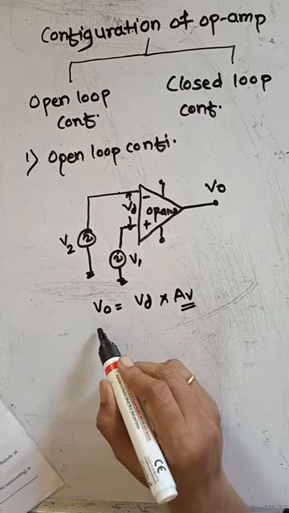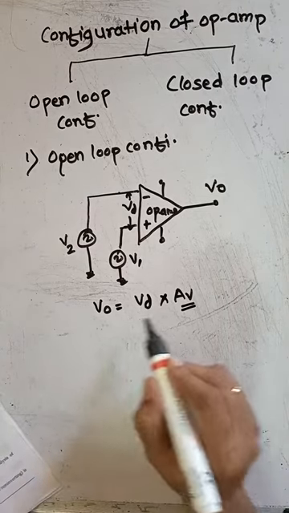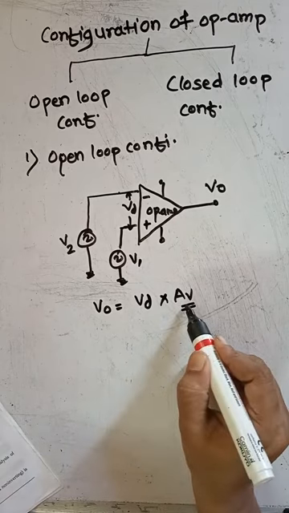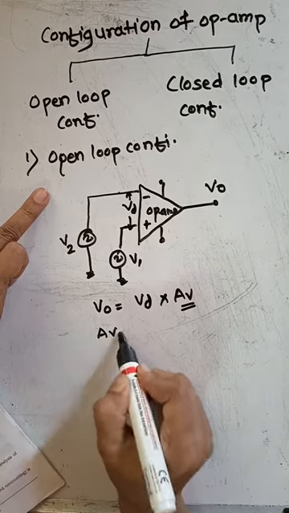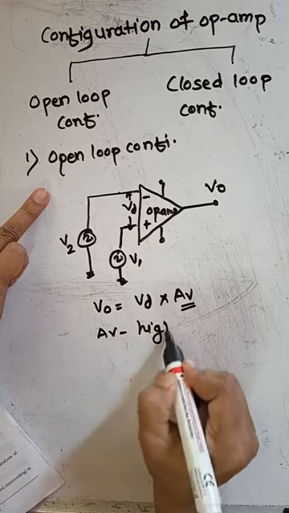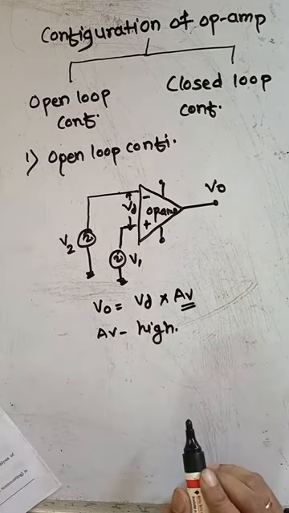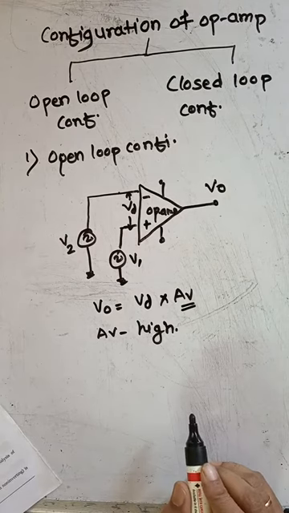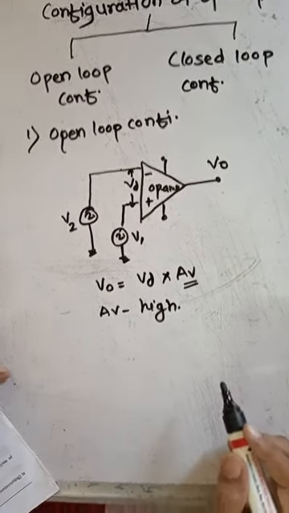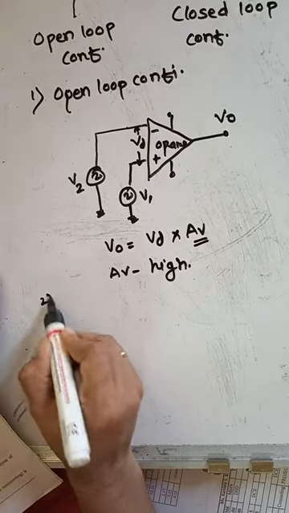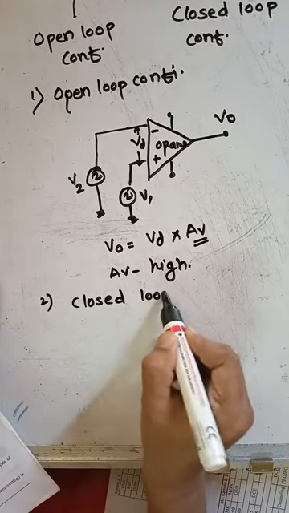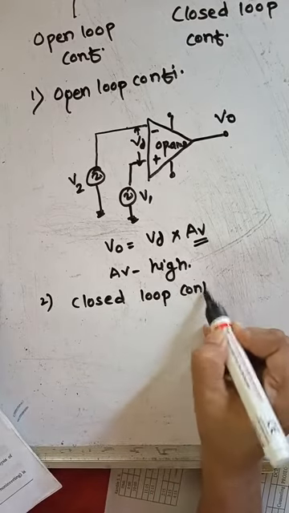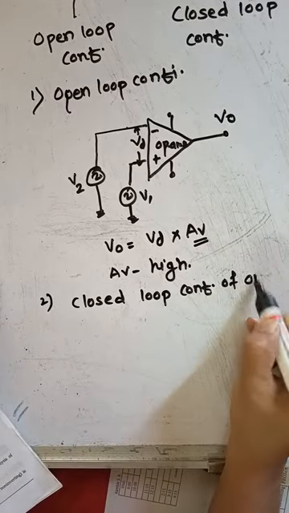So the output depends upon the open loop gain, and the open loop gain is very high. So that is the open loop configuration. Now we will see the closed loop configuration of op-amp.